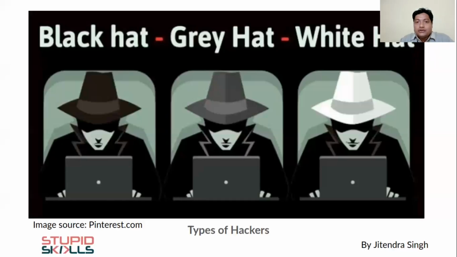And those who usually have a mix of the attributes of a black hat and a white hat are called gray hat hackers. So here I hope you understand. Basically, there are two sides. One side is attacking the systems, and another side is the one that defends the system, and they make the defenses strong so that bad guys cannot make use of it.